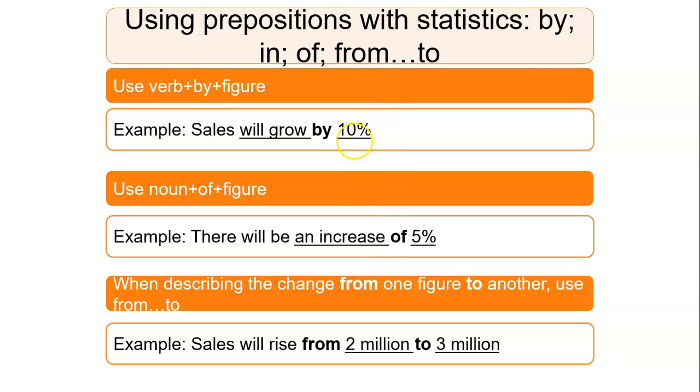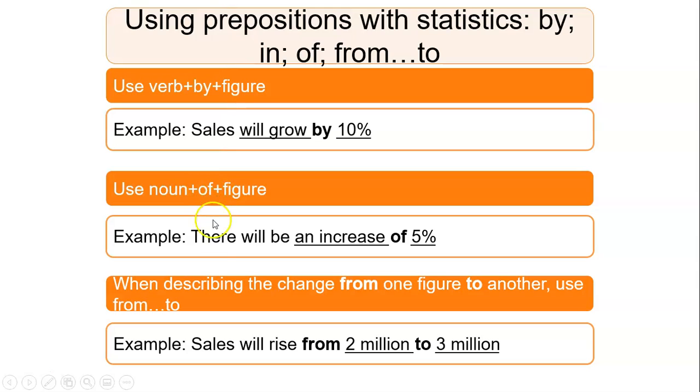Now prepositions. We're going to look at by, in, of, from, to. So use this structure, verb plus by plus figure. For example, sales will grow, there's your verb, by, and then a figure, 10%. Another structure here is use the noun plus of plus the figure.